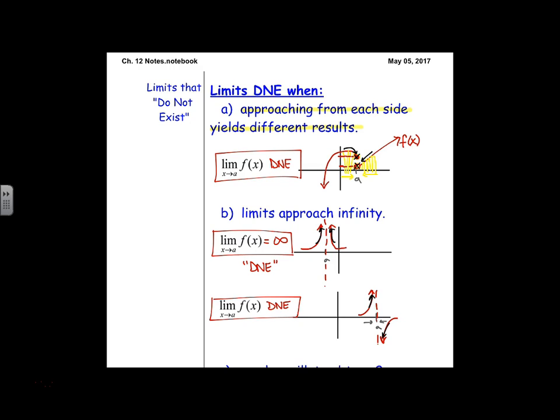Now, this one, air quotes around DNE. But since both sides are in agreement, we still state the answer and say it's going to infinity. But we cannot with an example like this because they are in disagreement. If the one-sided limits do not agree, the limit does not what? Exist. Hopefully we can understand why and not just memorize something out of a book or a movie.